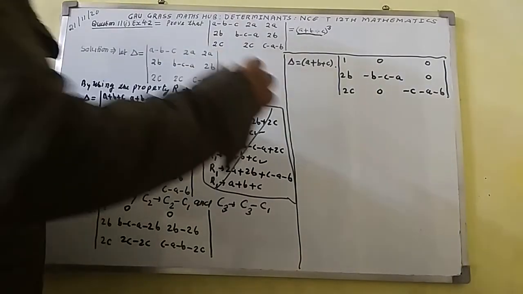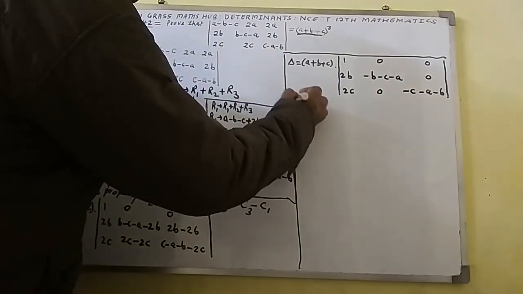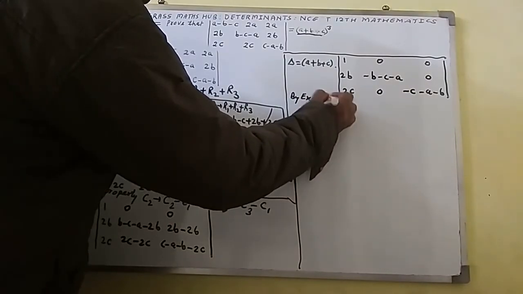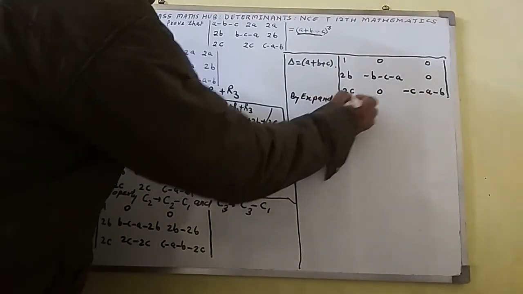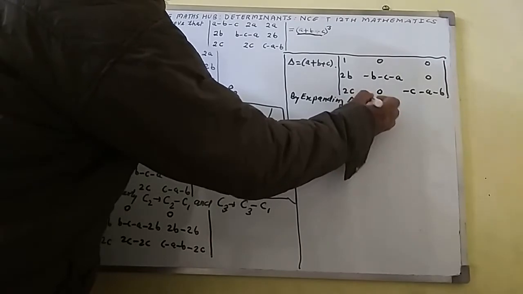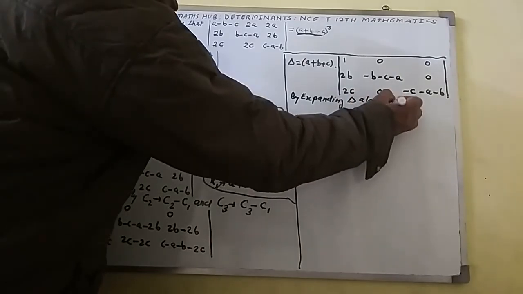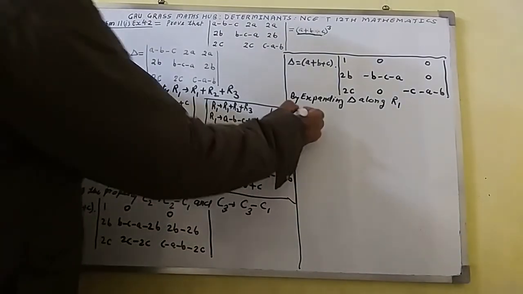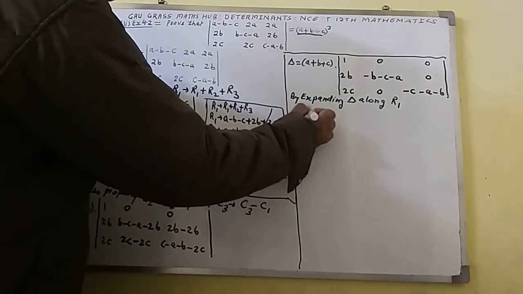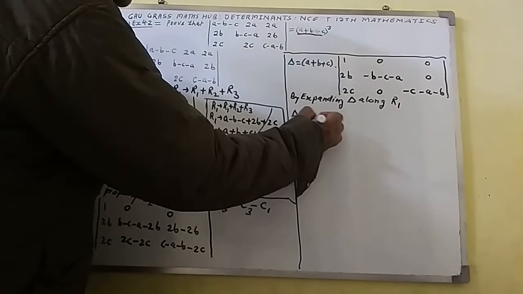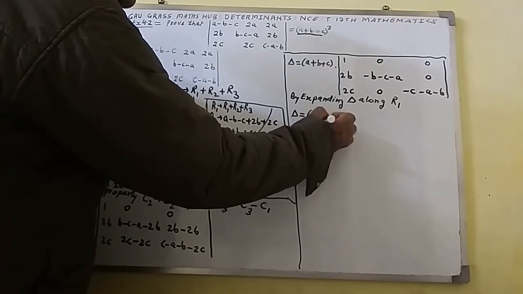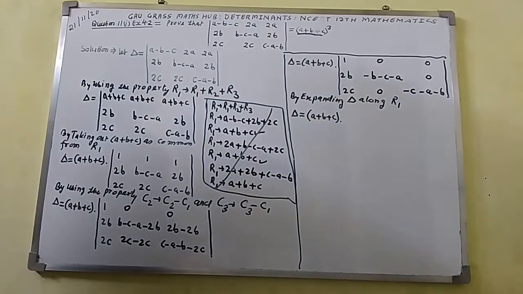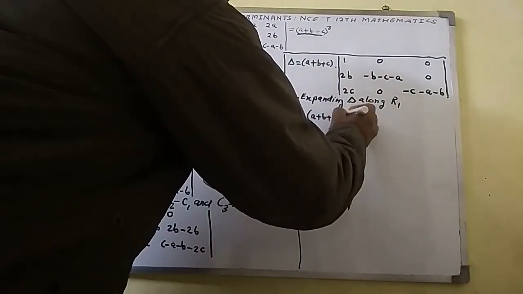So here I shall write by expanding det along R1. You will get here det equal to, in bracket I shall write A plus B plus C dot, and here I shall write open curly bracket.